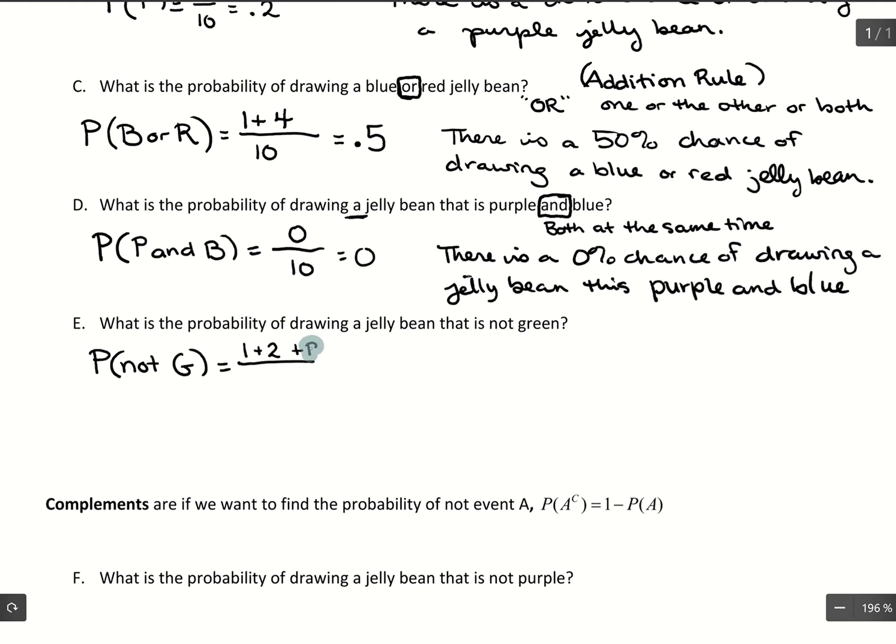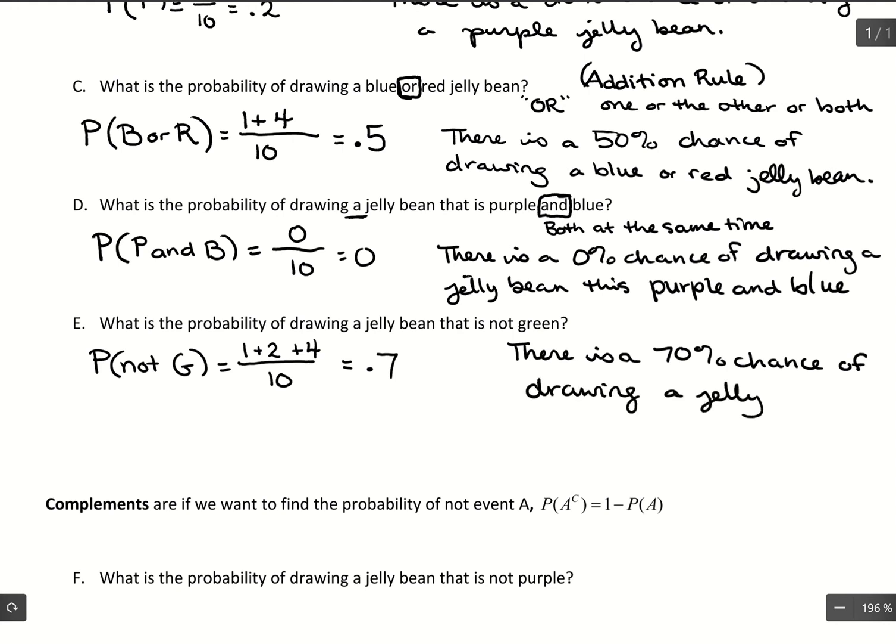So we end up adding together those cases, 1 plus 2 plus 4 to make up our numerator out of 10, which is 0.7. So there is a 70% chance of drawing a jelly bean that is not green.